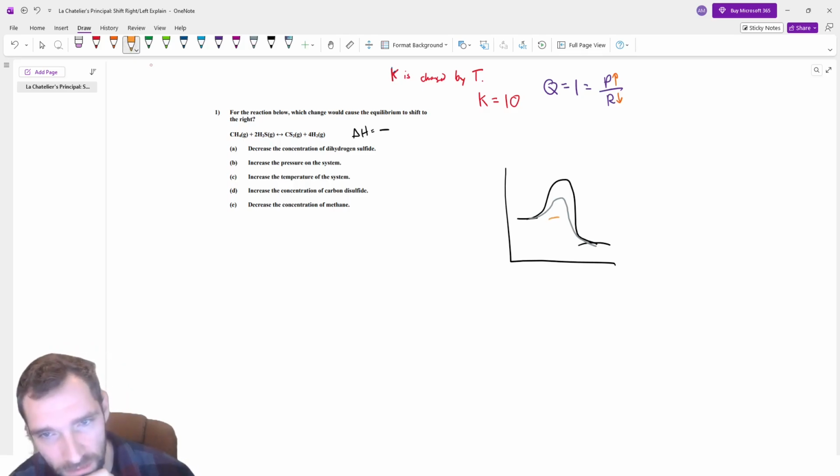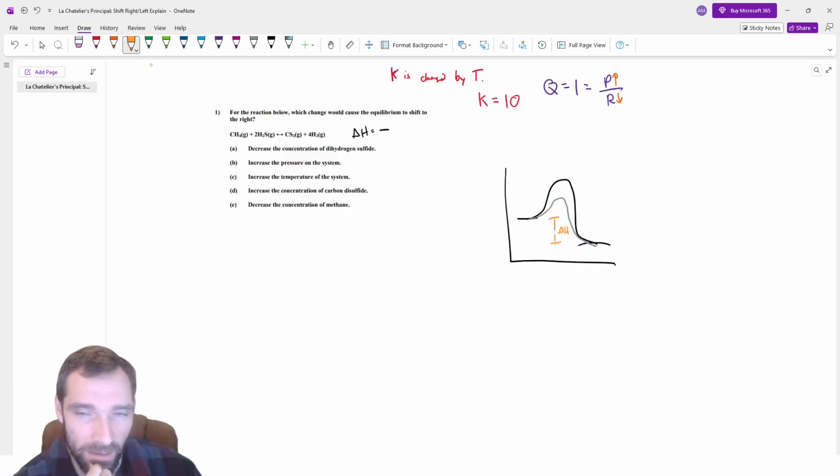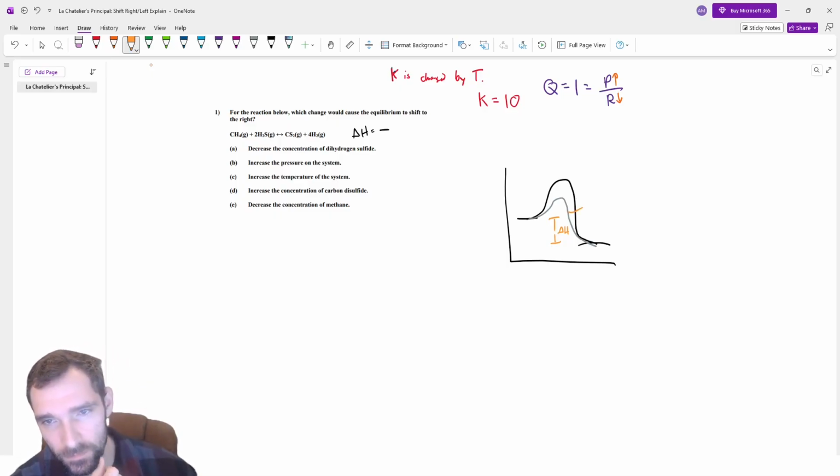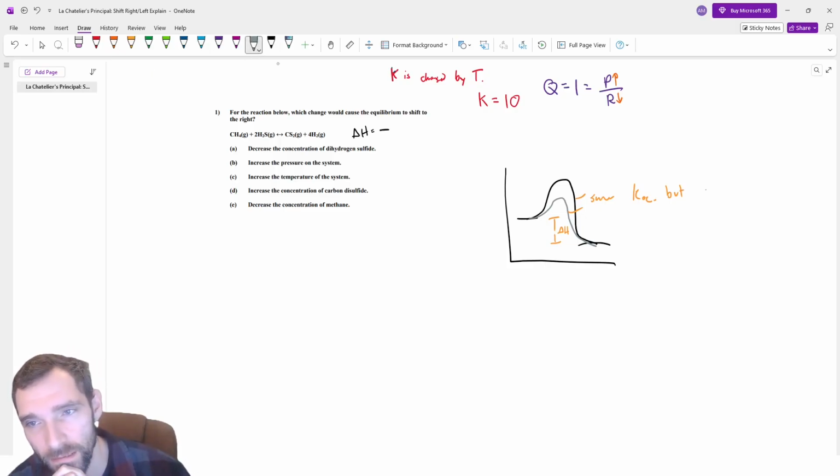But the enthalpy change of the reaction is still the same for those two situations. It just is going to allow you to get to that equilibrium faster. So these have the same K equilibrium, but the catalyst helps you get there faster.